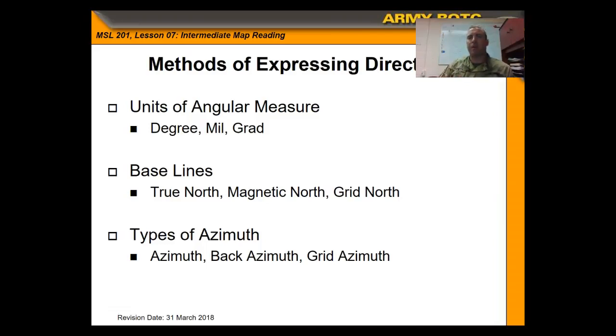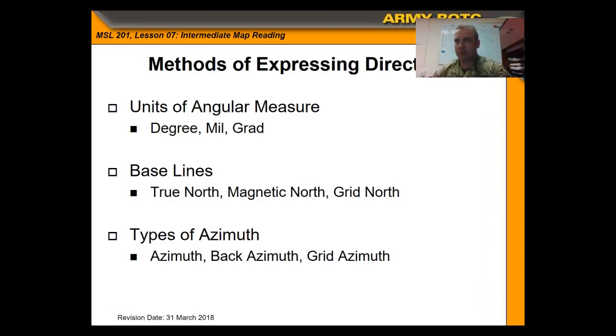So this will further explain how to determine the grid, back, and magnetic azimuths with the use of your protractor, and also use of some field expedient methods to find directions, the conversion of azimuths from grid to magnetic and vice versa, and also we'll talk about some advanced aspects of map reading such as the declination diagram, intersection, resection, and modified resection.